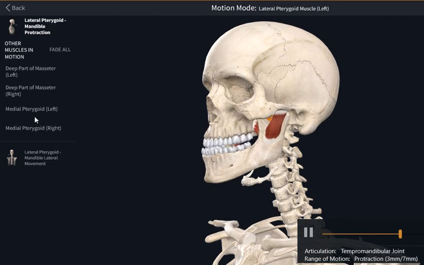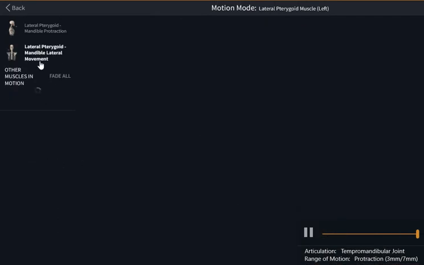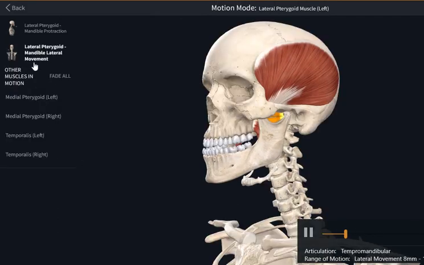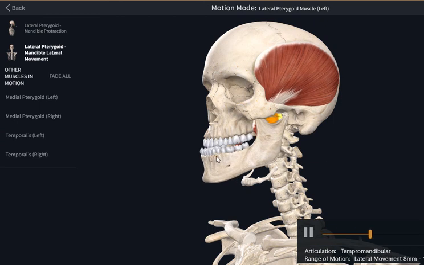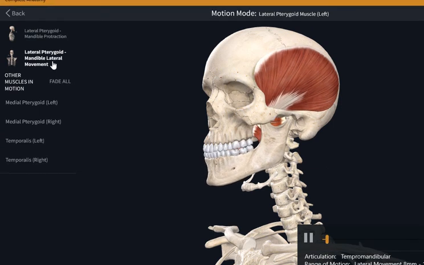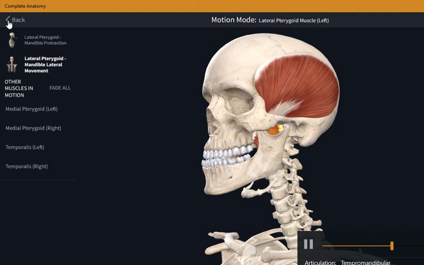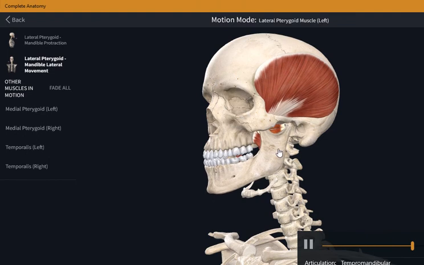The other movement is lateral movement. So we had protraction and lateral movement performed by the lateral pterygoid muscle.